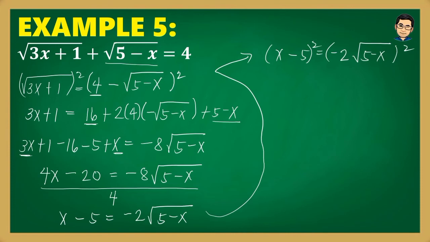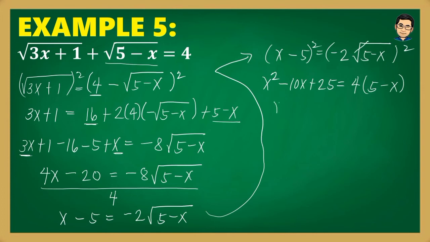So, the square of x minus 5 is x squared minus 10x plus 25 equals negative 2 squared, which becomes 4, and then the square root of 5 minus x becomes just 5 minus x because we squared it. The radical symbol is removed.